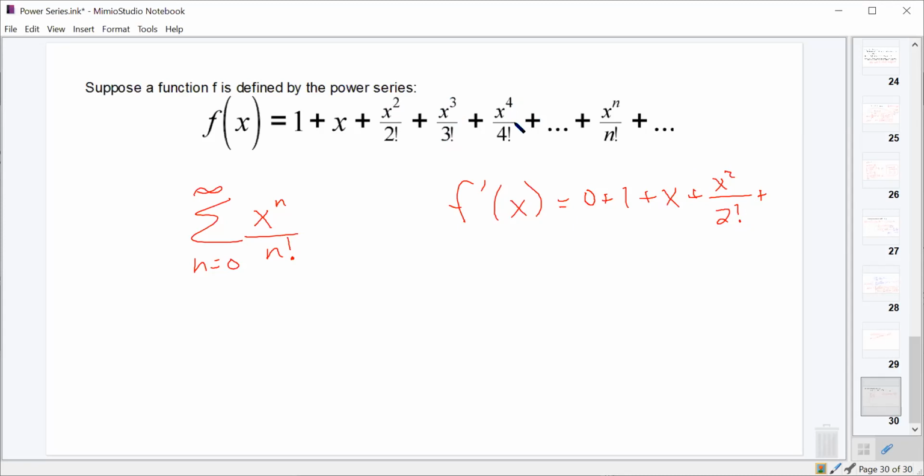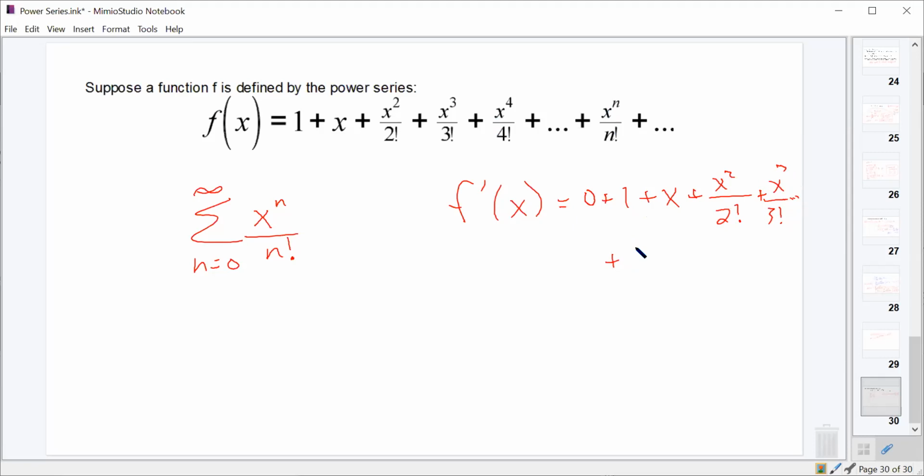And what about x to the 4th? Well, that becomes 4x cubed, right? We'll get rid of the 4 from the 4 factorial and drop it down to a 3 factorial. So that'll become x cubed over 3 factorial. What if I take the derivative of x to the n over n factorial?